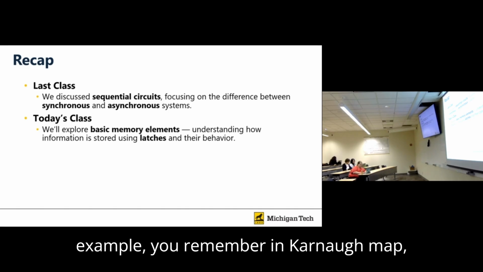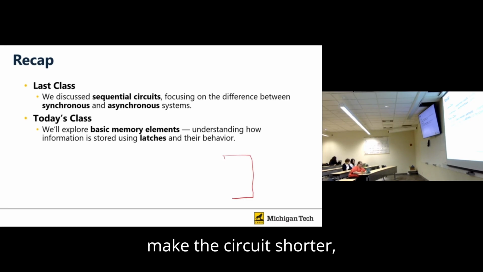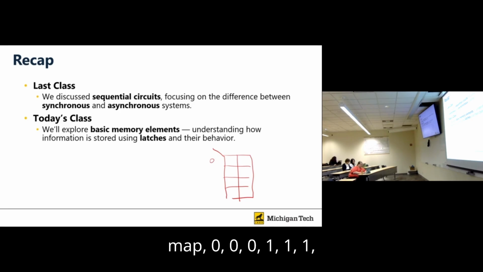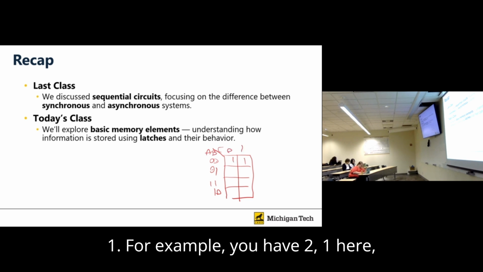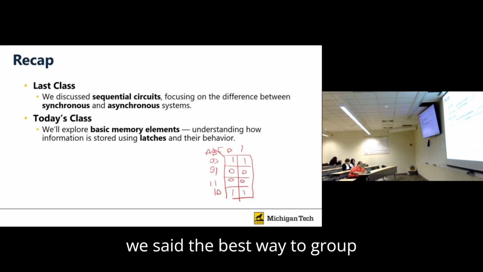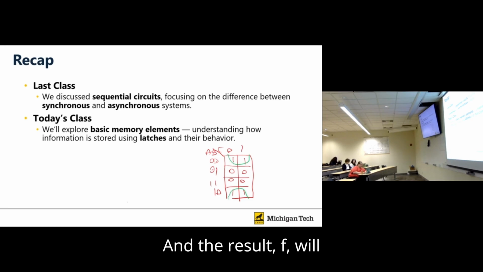For example, do you remember in the Karnaugh map, when you make the circuit shorter? Say you have this Karnaugh map, with 0, 0, 0, 1, 1, 1, 0. This is A, B, and C here, 0 and 1. For example, you have 1 here, 1 here, 0 here. We said the best way to group this is to group these two, and the result, F, will be just B bar.